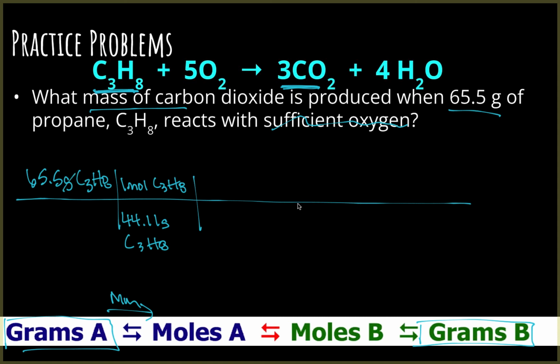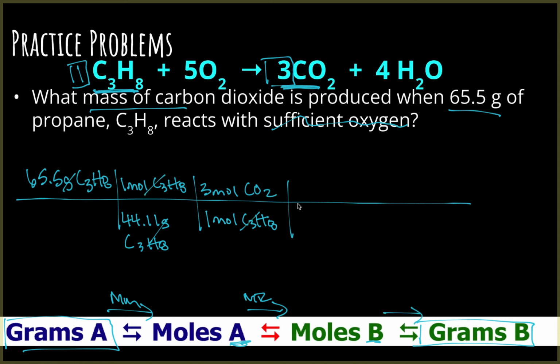So grams is gone. Now we're going from moles of A to moles of B, so moles of propane to moles of CO2. So we're going to use the mole ratio. So again, 1 to 3. C3H8 goes on the bottom because that's what we're trying to get rid of.